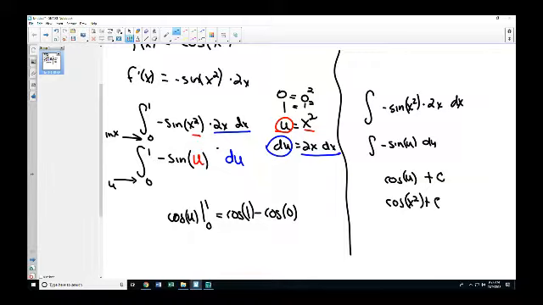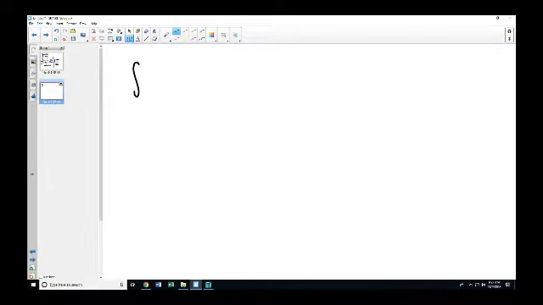Let's see. How about x squared plus 9? So you should just recognize this is a chain rule.